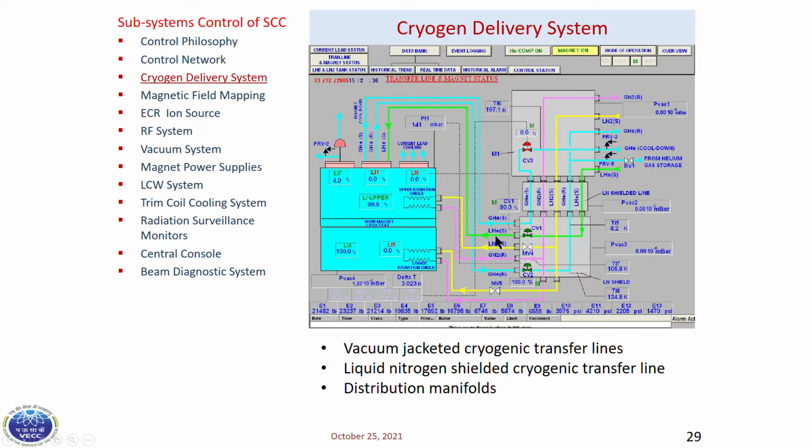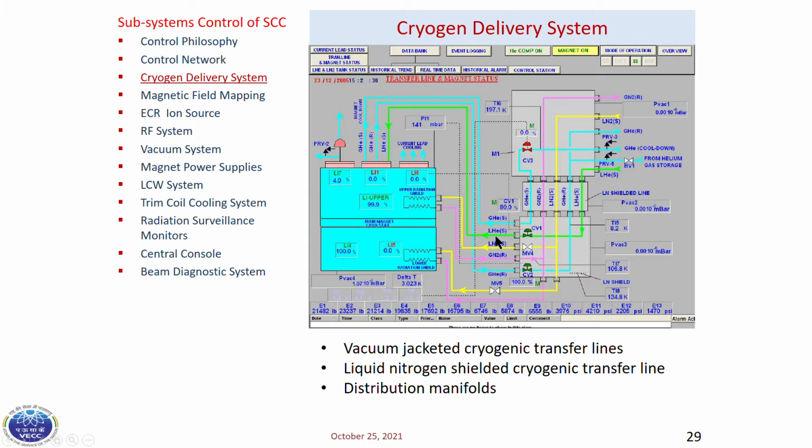So now you see the OPI of cryogenic delivery system. In the cryogenic process, liquid helium and liquid nitrogen are required to circulate. This is required for cooling the main magnet and cryo panel. The cryo system has helium refrigeration and gas management system, liquid helium delivery system, and liquid nitrogen delivery system.